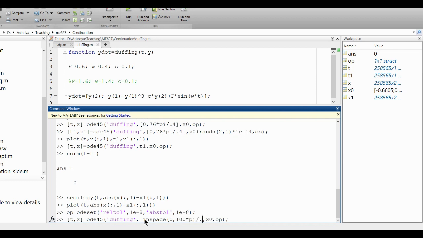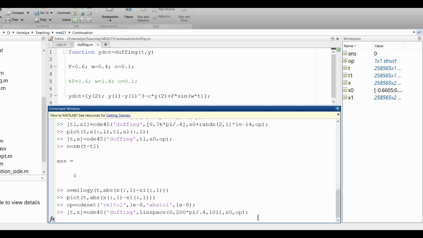You can do it for a longer time frame as a part of an assignment. So over here 100, that is 50 periods. Let me do 200. So that is 100 periods, and I want the first point and the last point, so there should be 101 points. Okay, so what I will get are 101 points on the Poincare map. Okay, all right, let's see how long that takes.